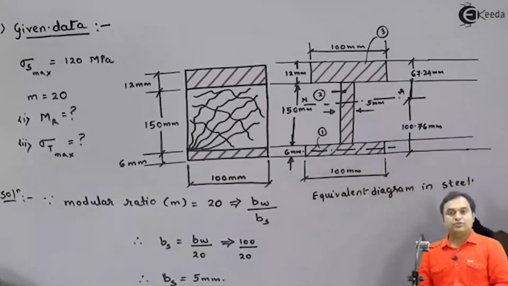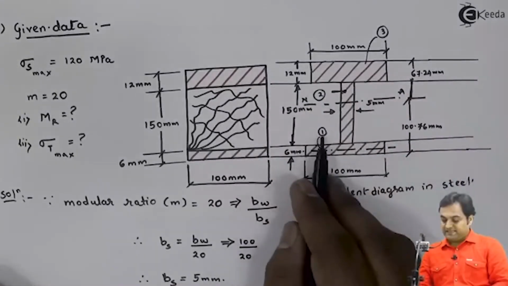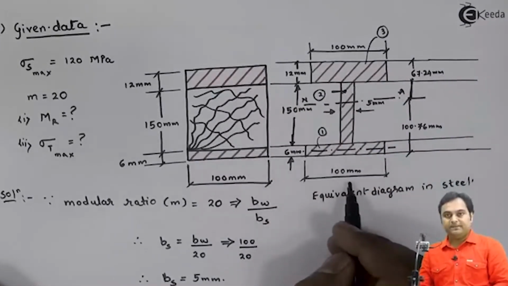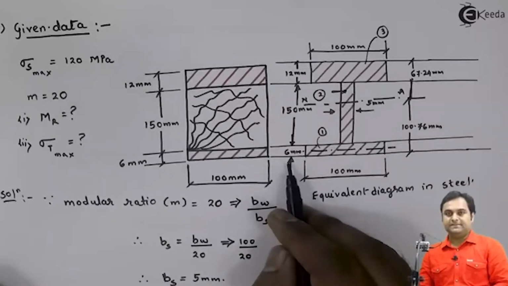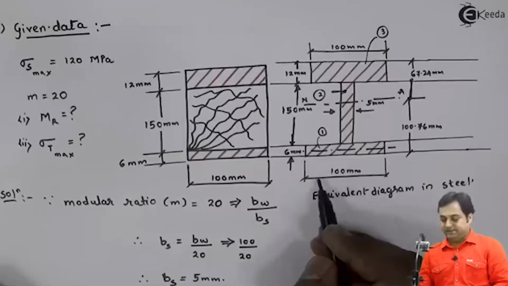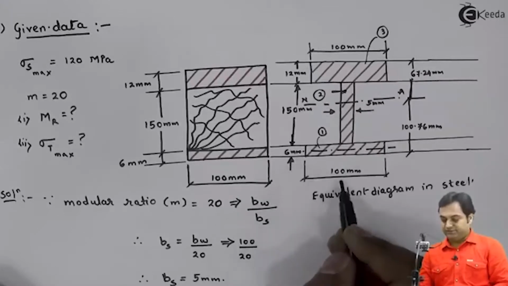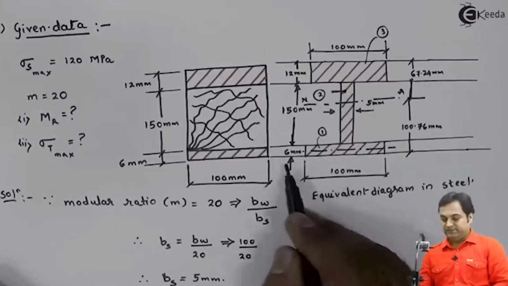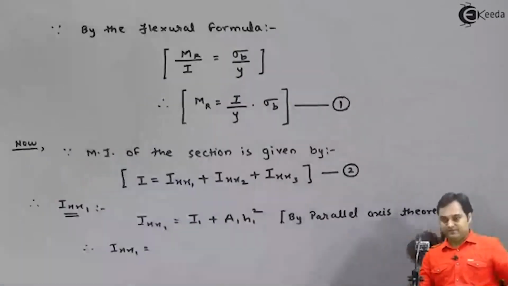Rectangle 1 is having width b and depth 6. So width is 100, depth is 6. So it is bd cube by 12, that is 100 into 6 cube divided by 12.